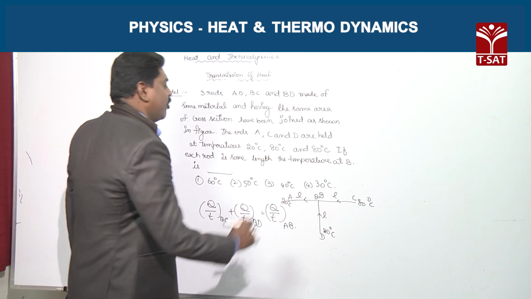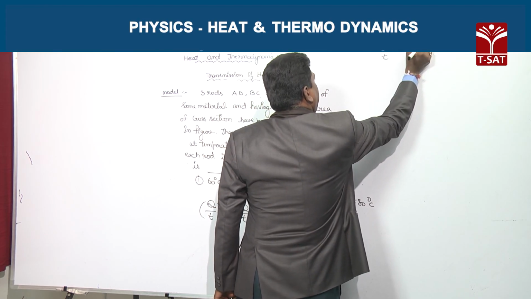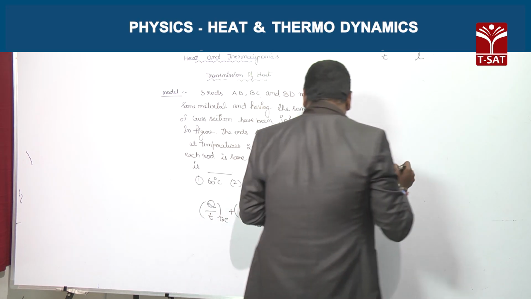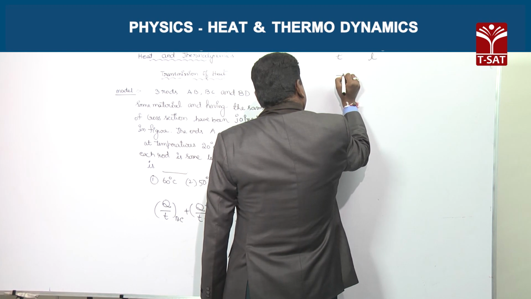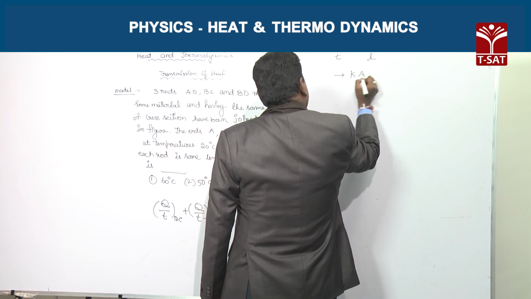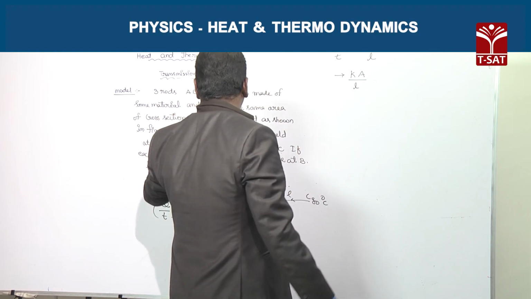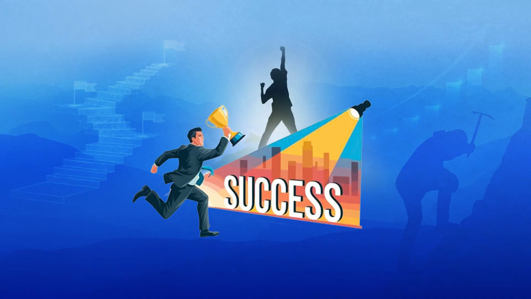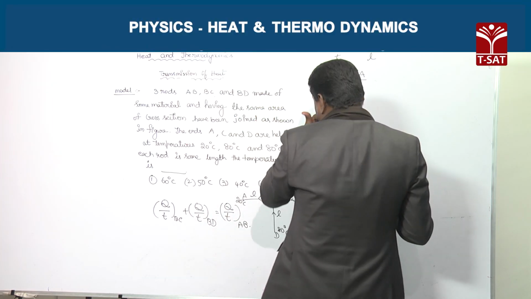But rate of heat flow is given as Q by T equals Ka delta theta by L. Because the rods are made of the same material with the same length and same area of cross section, we do not change Ka by L, we change only the temperature part.